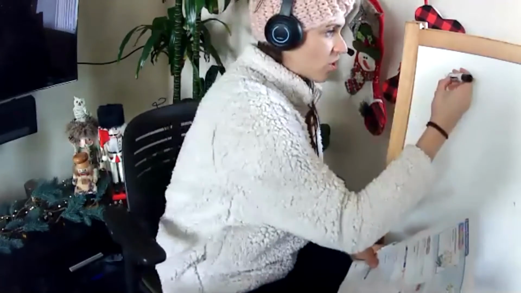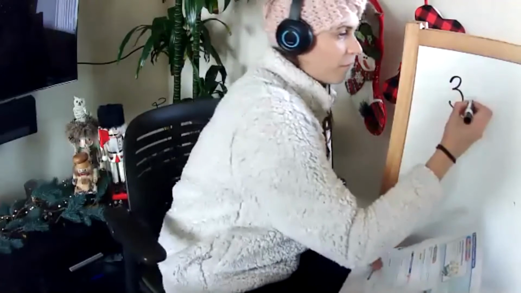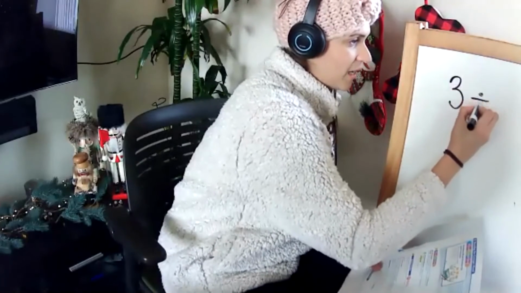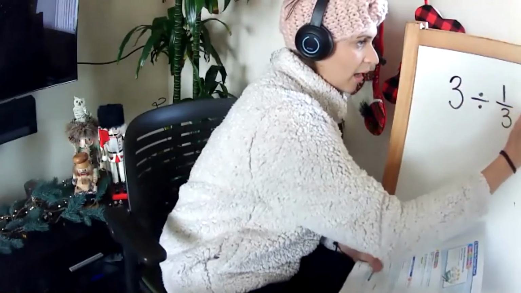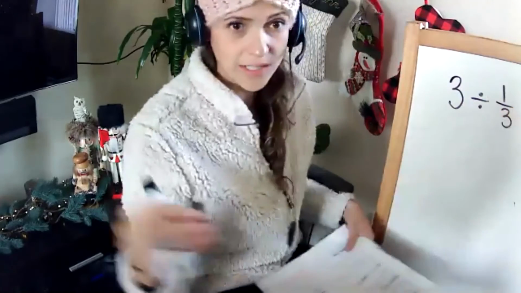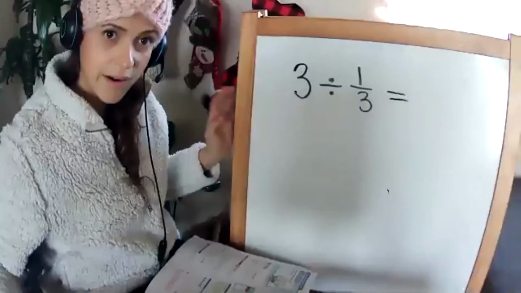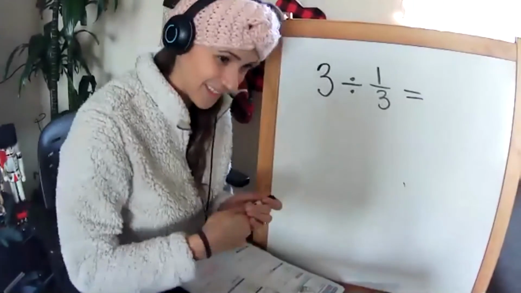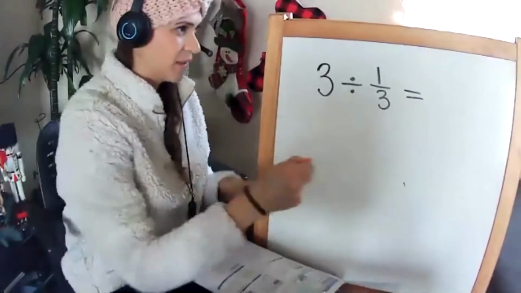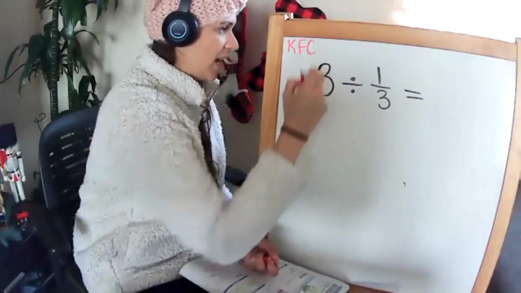How do I figure that out? Well, what is my starting number? I have 3 to begin with, and I'm figuring out if I divide it into thirds, how many 1/3 can I get? All right. Let's remember KFC: keep, flip, change.